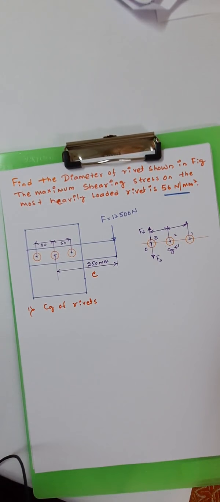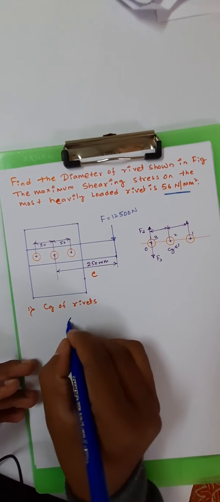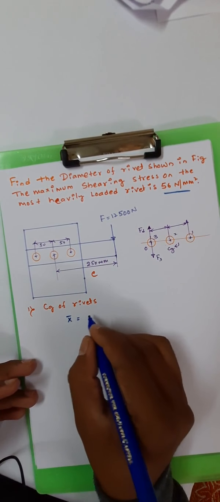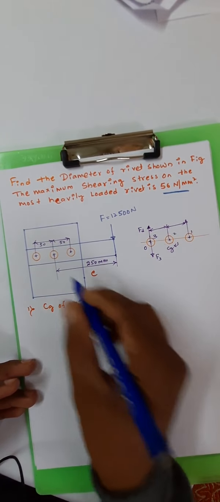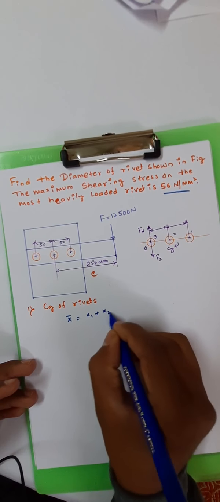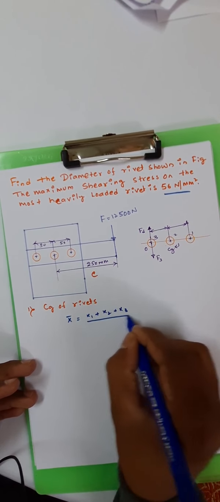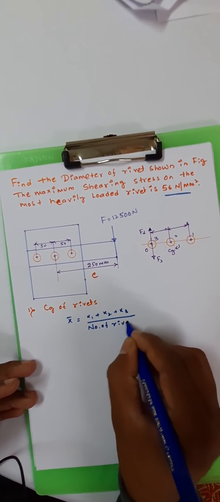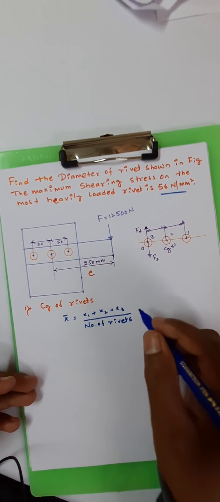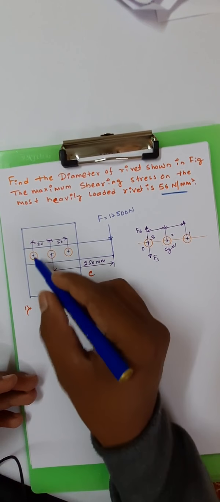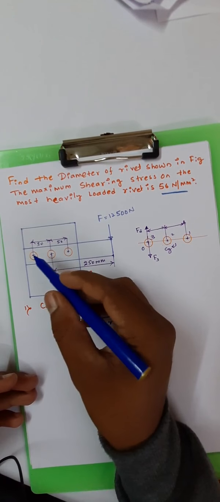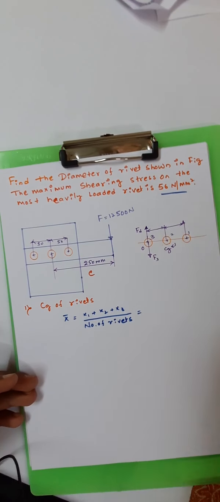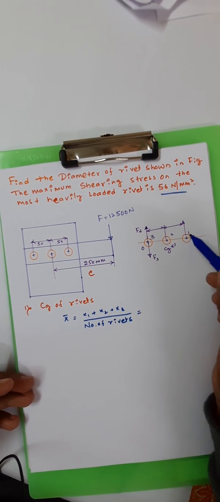First we need to find out the CG of rivets, so with respect to this we need to find X bar. X bar is equal to x1 plus x2 plus x3 divided by the number of rivets, since here we have 3 rivets. Always consider this as a reference, and consider the rivets as 1, 2, 3.